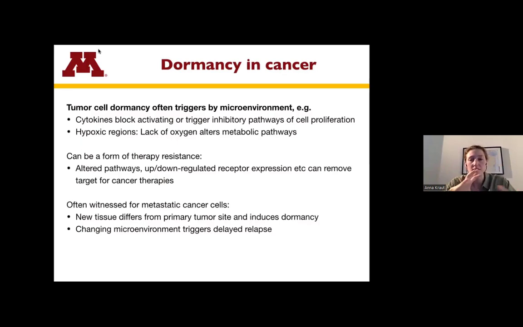And in the center of these tumor masses, resources are often not quite as available, and we see a lack of oxygen in the tumor core, which then alters the metabolic pathways of the tumor cells and reduces their reproduction. So lack of oxygen can also be a cause for tumor cells to enter less proliferative or dormant states.